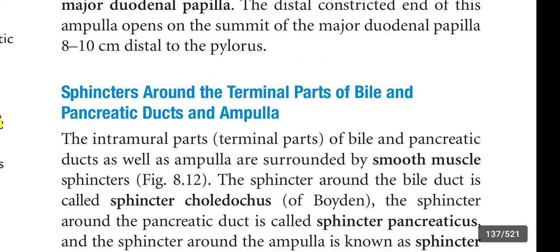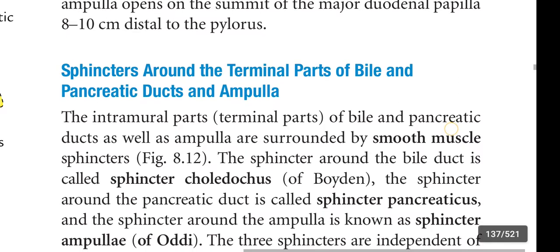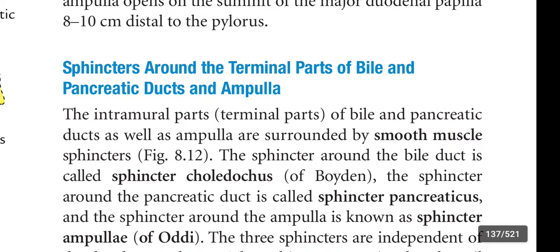Intramural parts means intraduodenal parts. The intramural parts, the terminal parts of the bile and pancreatic ducts as well as the ampulla, are surrounded by smooth muscle sphincters.